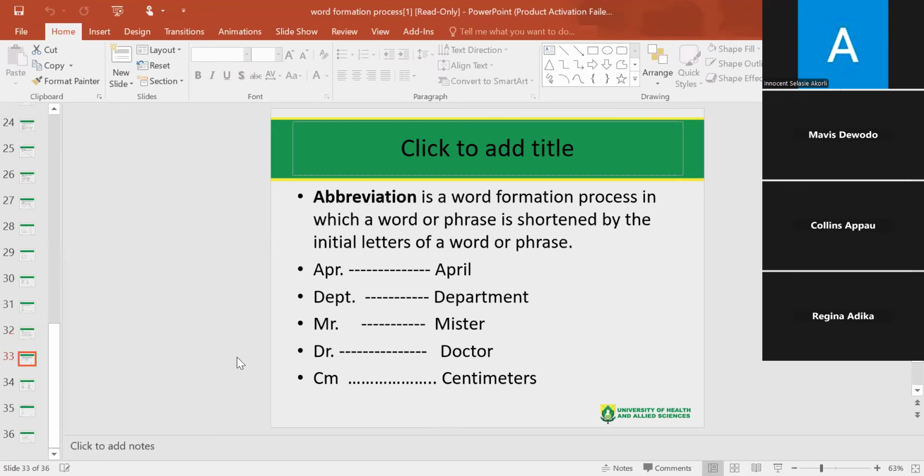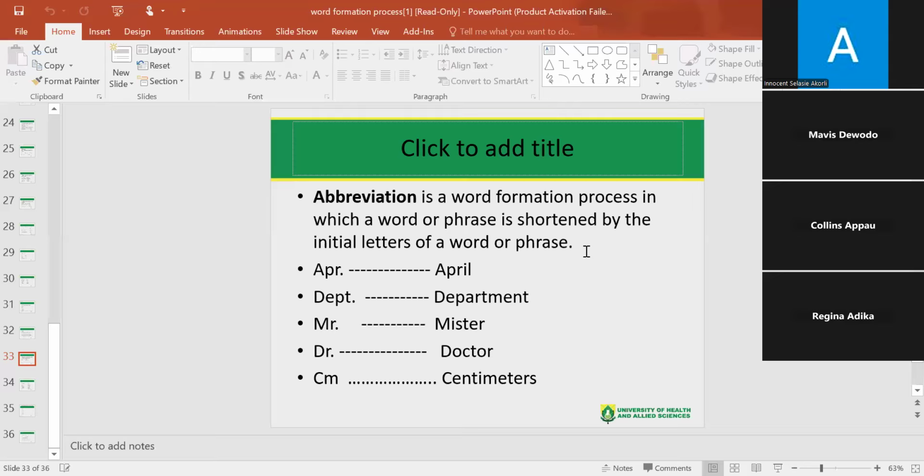So these are some of the examples we have here. We're talking about abbreviation. It's a word formation process in which a word or phrase is shortened by the initial letters of a word or phrase. So here we are looking at it as shortened. APR, full stop, is the short form of April.